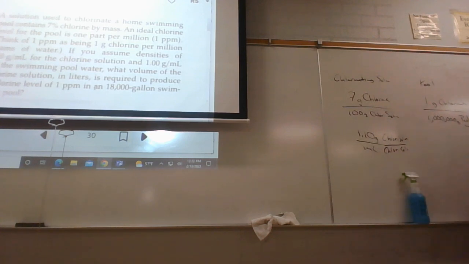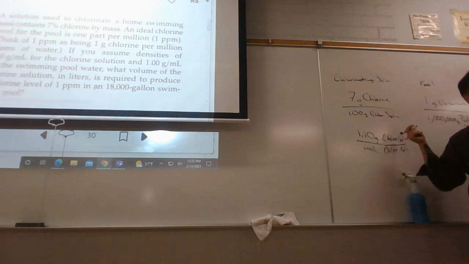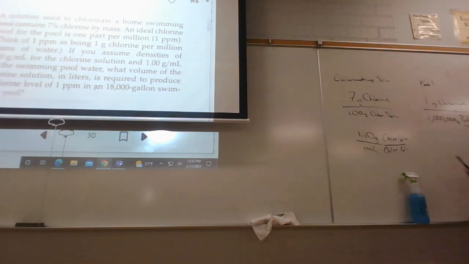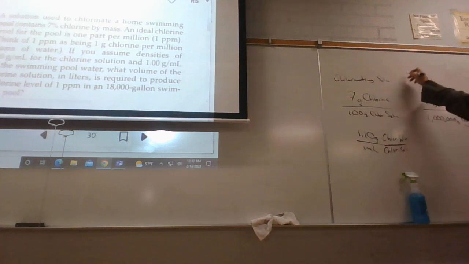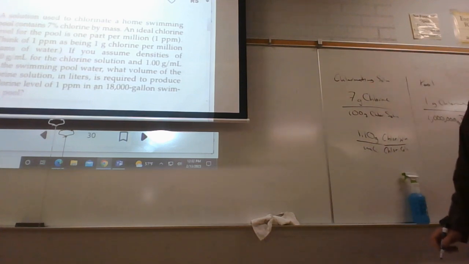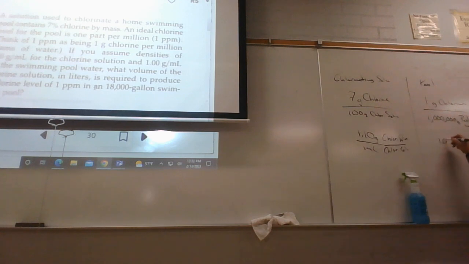So that's the density of gold is 20 grams of gold per milliliter of gold. Okay, and then the density of the pool water is 1.0. If you see a density of pool water of 1.0 grams per milliliter, that means it's nearly pure water. Nearly, would you drink it though?